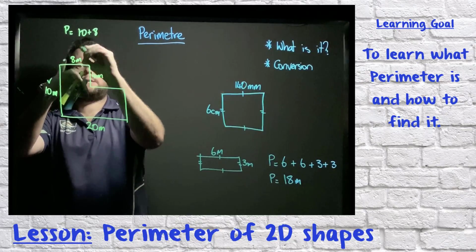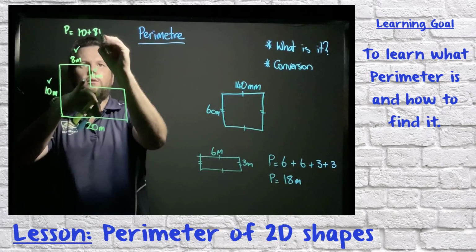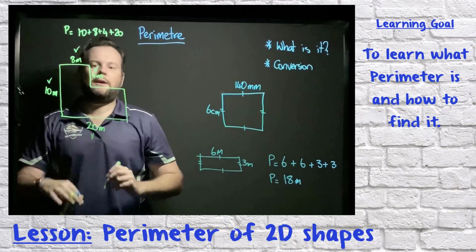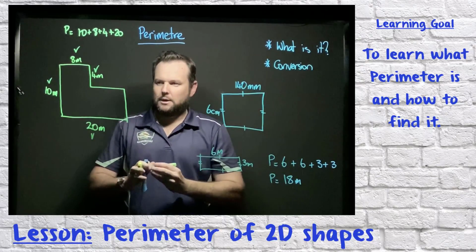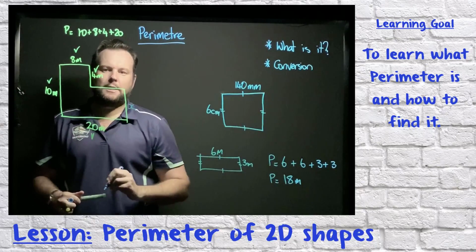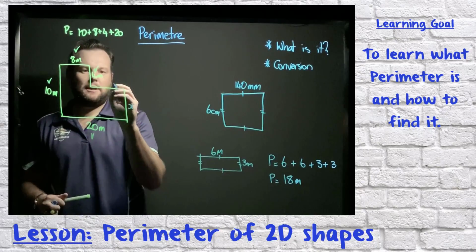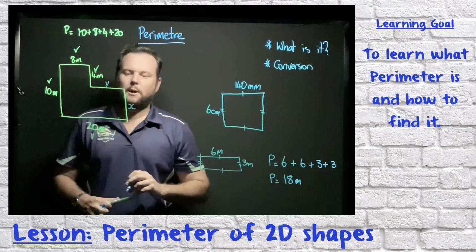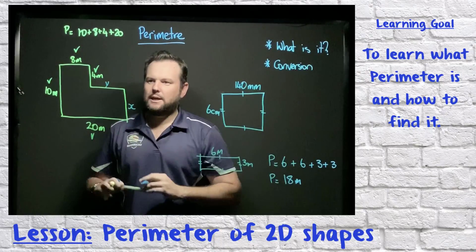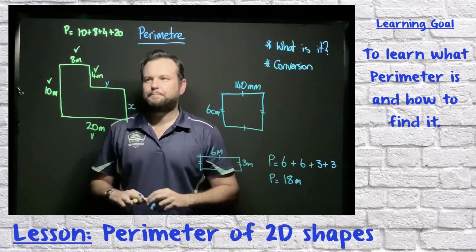I've got an 8, I've got a 4, I've got a 20, but then I have two missing lengths. I'm missing this length here, I'm going to call that X, and I'm missing this length here, and I'm going to call that Y, okay? So I don't know what they are. However, through investigation, you can find out what these are.